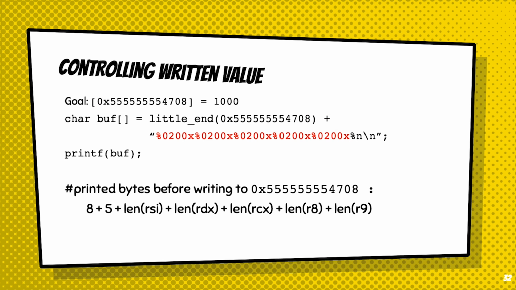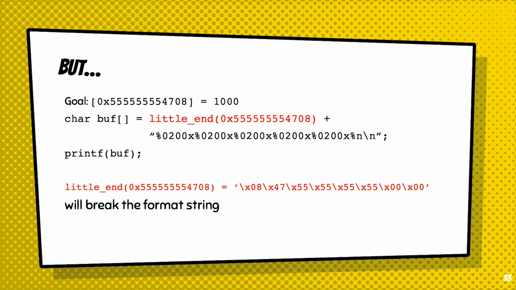After we are able to control the written value with a relatively shorter length of buff, the next problem for us is that, similar to what we came across for arbitrary read, when we convert the address to little endianness, there's going to be a break because of the 0 over there.